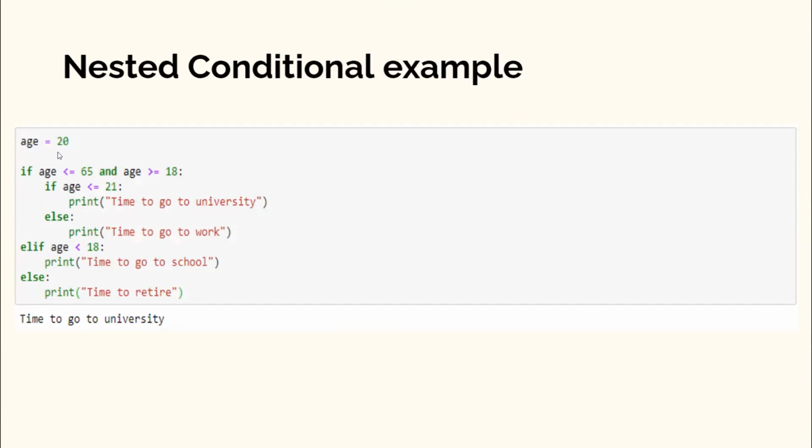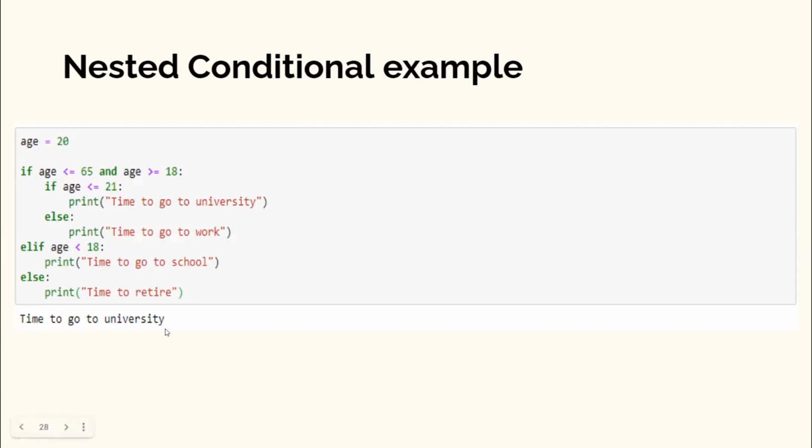Since our age is 20, this Boolean expression will be true. And then we go further inside. We check if the age is smaller than or equal to 21. Since 20 is smaller than or equal to 21, we print out time to go to university, and we have the output here.